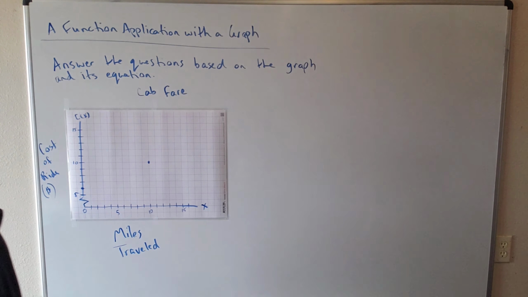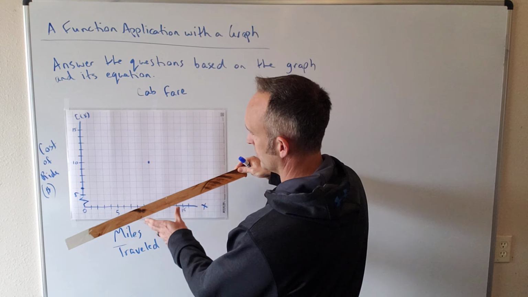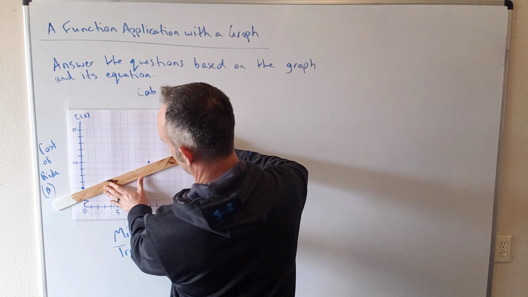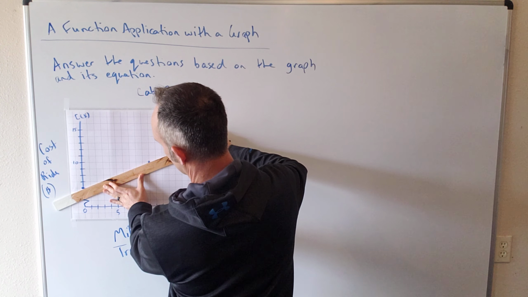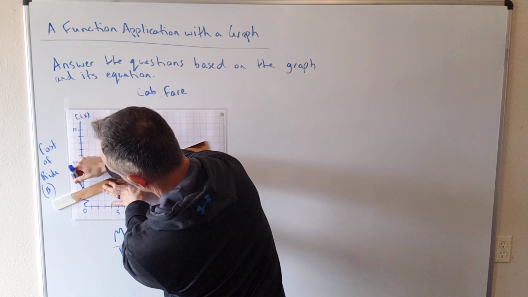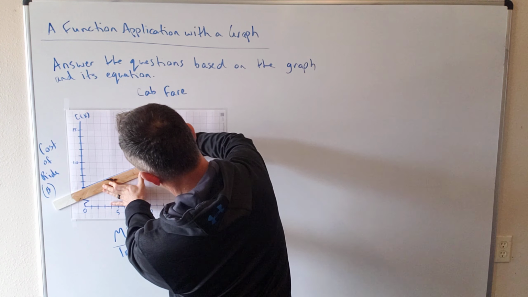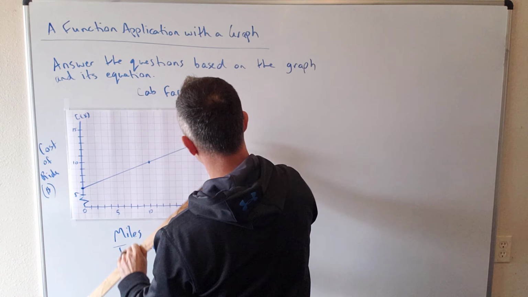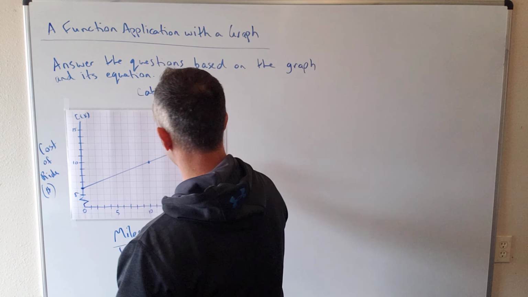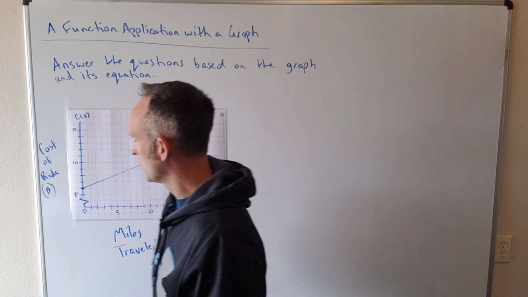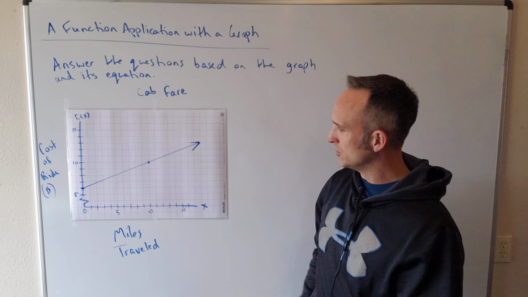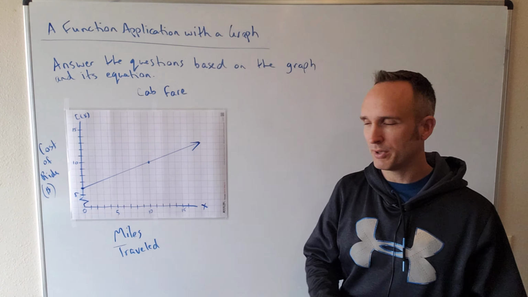I think I do. If I were to draw this with a straight edge, it might look something like this. So our graph looks something like that and keeps going. The more miles you travel, the more your cost goes up.